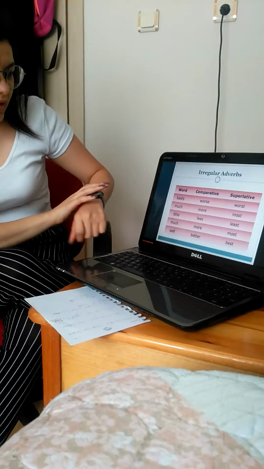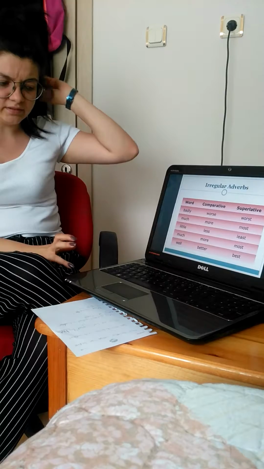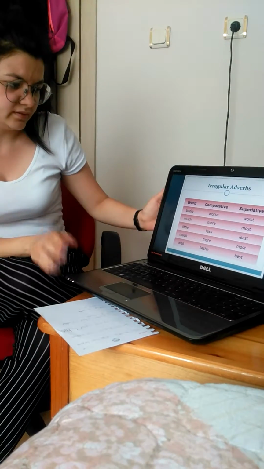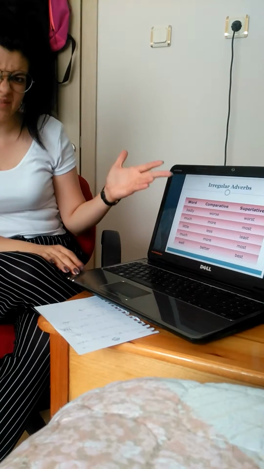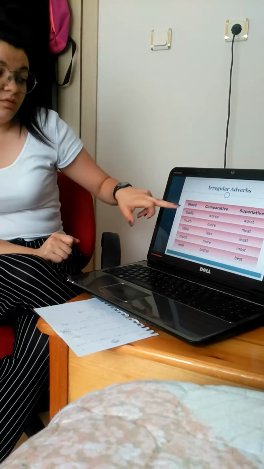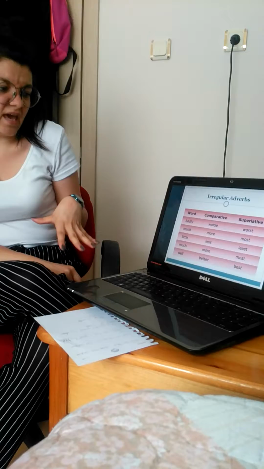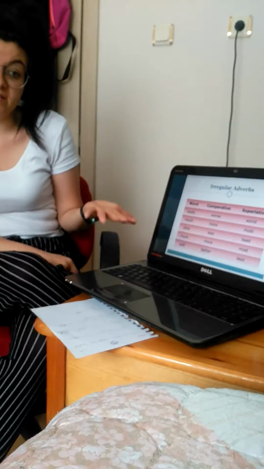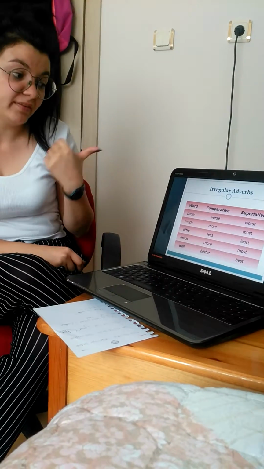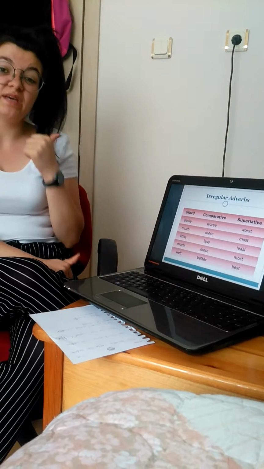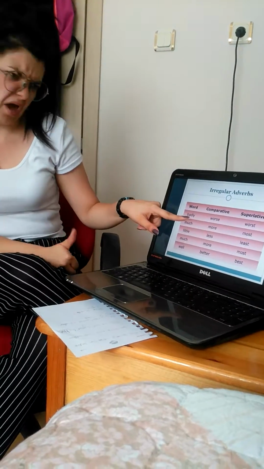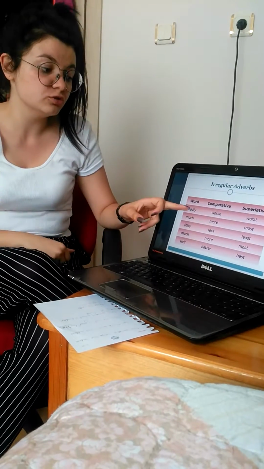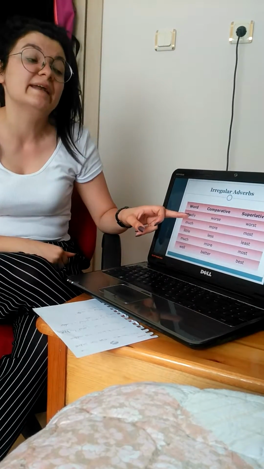So, irregular adverbs. We will talk about it. The word bad, badly. We don't say baddest or gooder. Good becomes better, but for bad, we shouldn't say better or baddest.